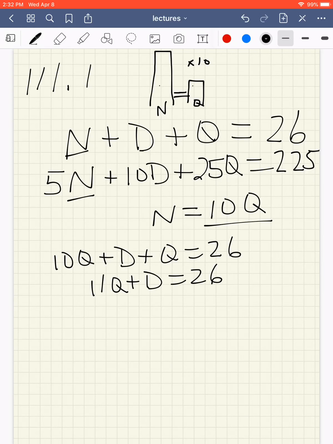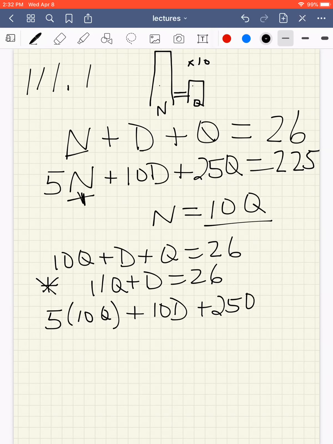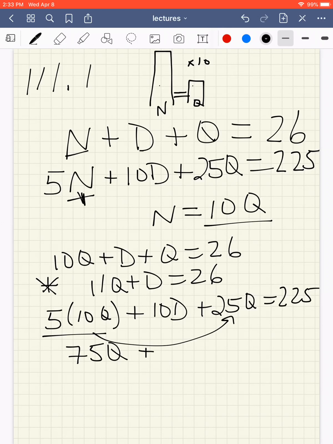I'm going to put a little star by that so I remember that's one of my main equations. Now we'll go back and do that for this one. So that will be 5 times 10Q plus 10D plus 25Q is equal to 225. So that's 50Q plus 25Q would be 75Q plus 10D is equal to 225. Now that's our other equation.